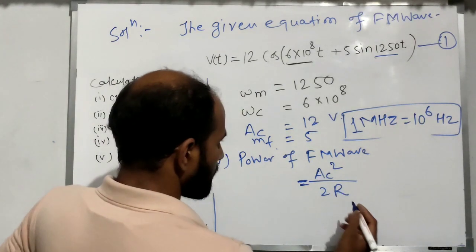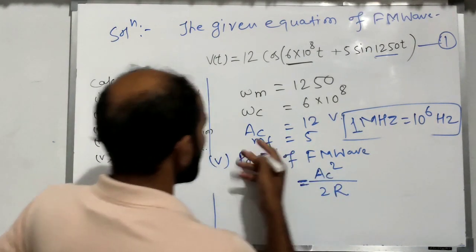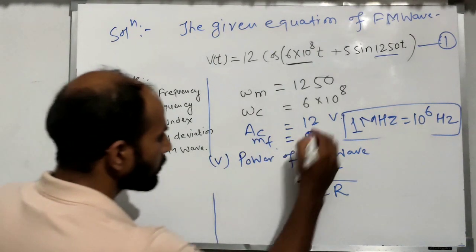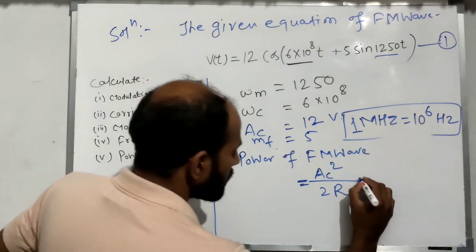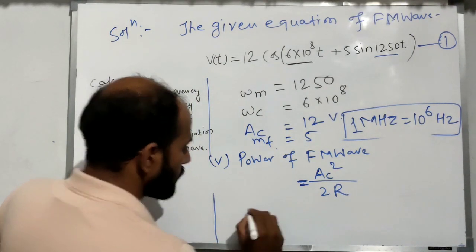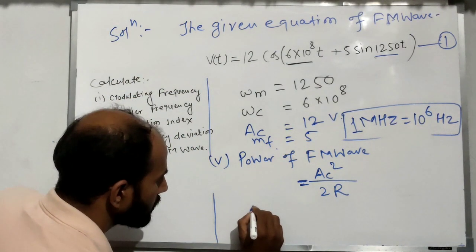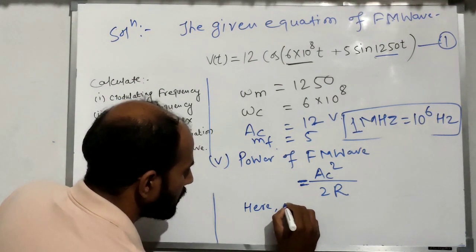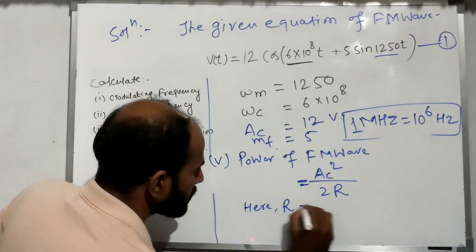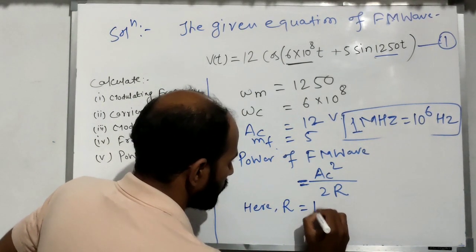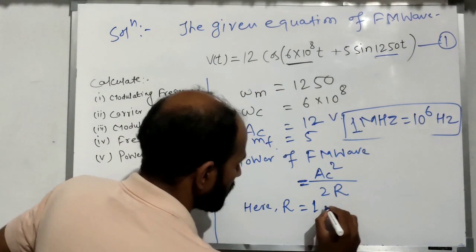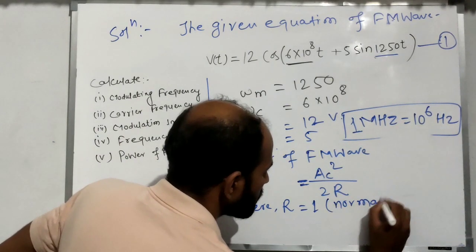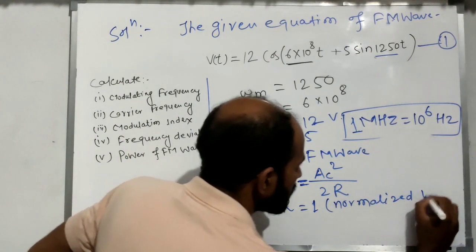Now Ac, which you already calculated from comparing, is 12 volt, and R here is equal to 1, called the normalized value.